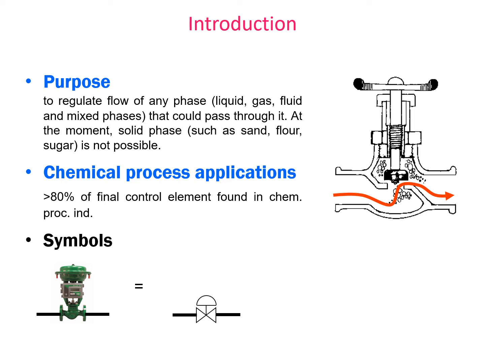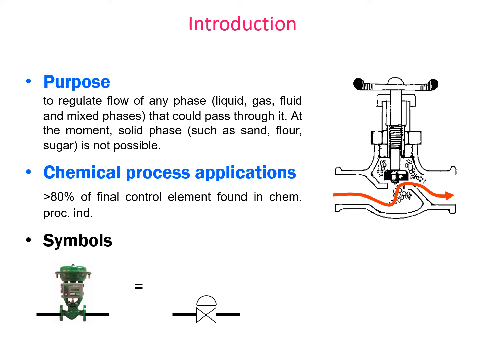But for the solid phase, it is impossible for the valve to regulate the flow because of the texture or the content of the solid phase itself. This control valve is commonly used inside the chemical industry, like 80% of final control elements inside the chemical process industry.